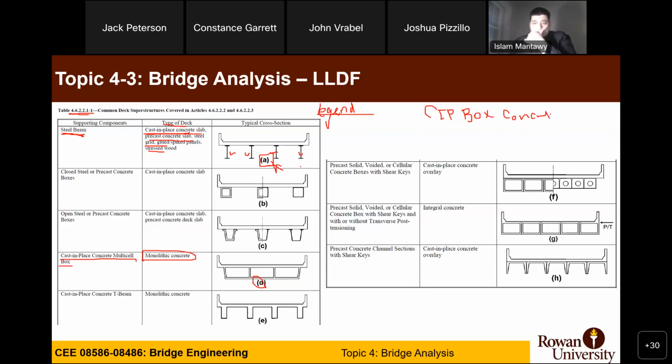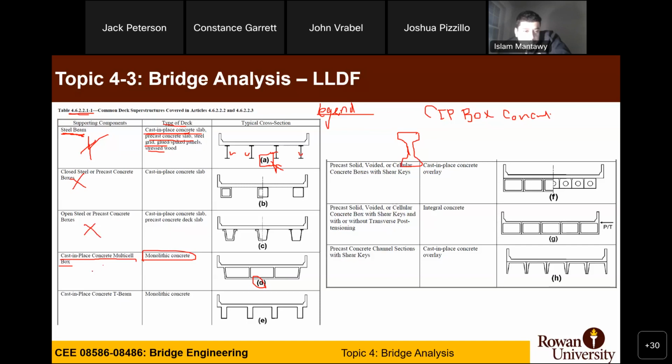For example, can someone tell me what if you have the girder as precast? Which section is this? It's not this one, right? It's not A. It's not steel. Closed steel or precast concrete boxes: it's a girder, not boxes, so it's not this one. Open steel and precast concrete boxes, not this one.